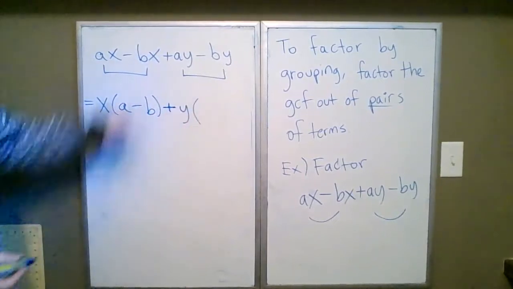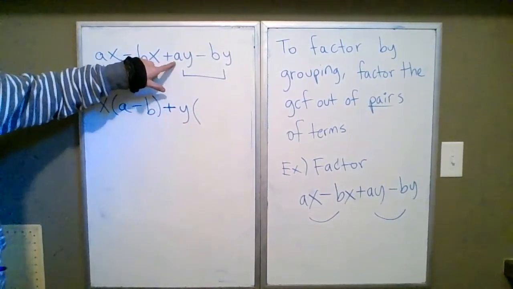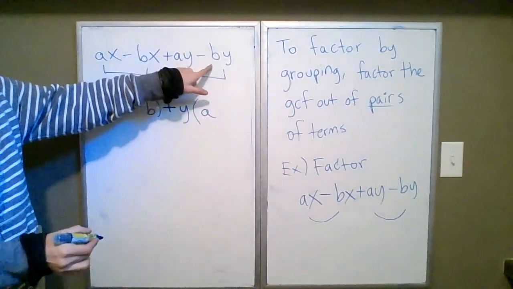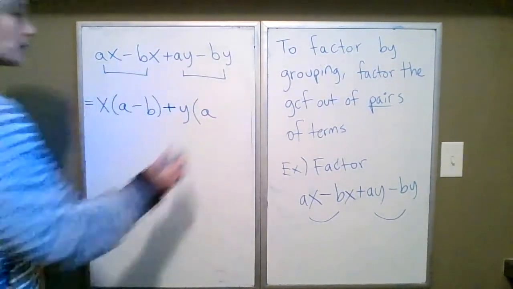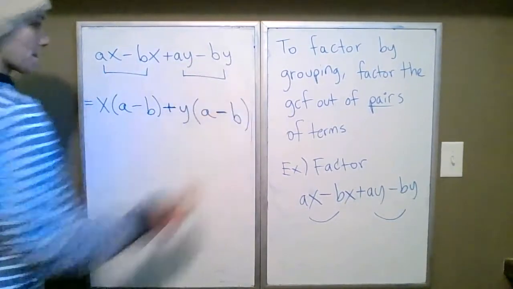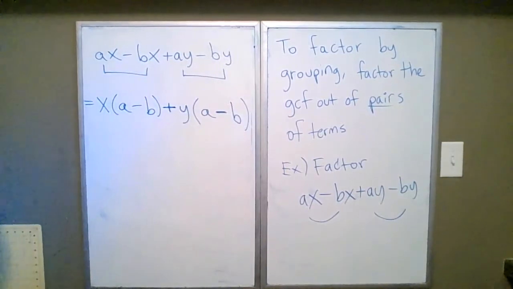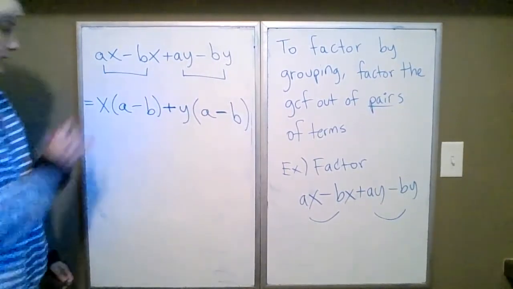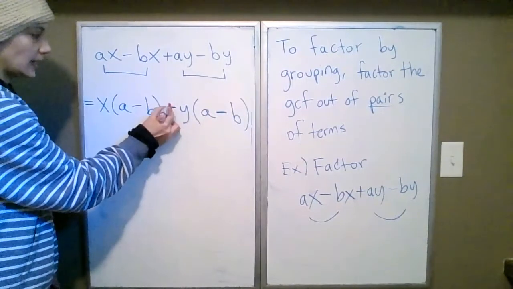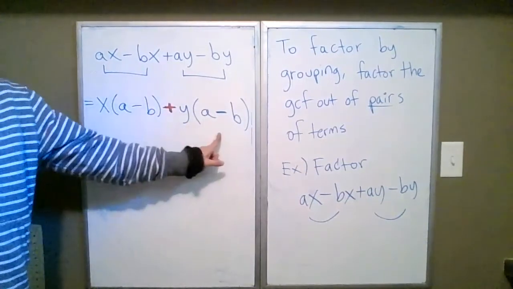From the first term, if we factor y out of ay, the a stays behind. Take y and factor it out of by, leaves the negative b. Okay, now we have two terms. There's x times a minus b as your first term. The second term is y times a minus b.